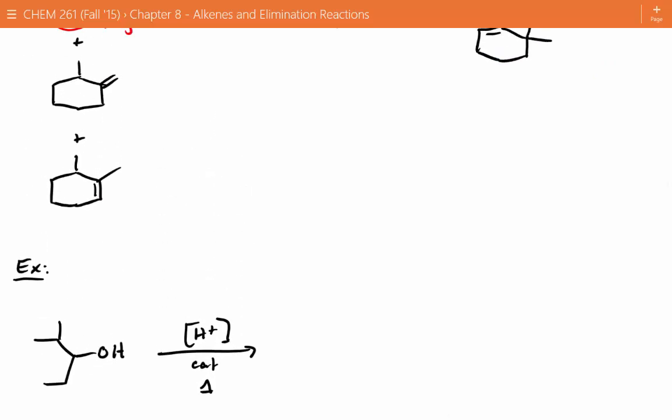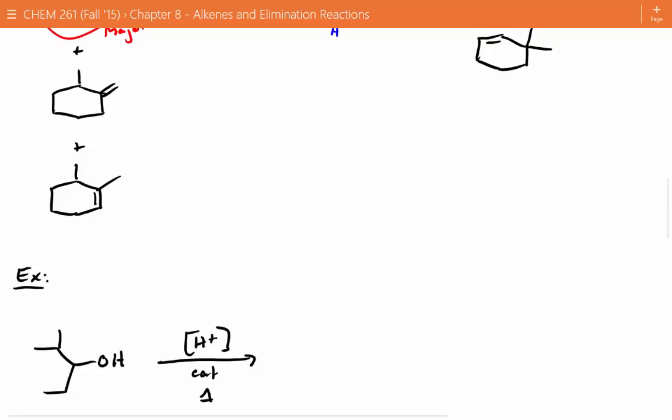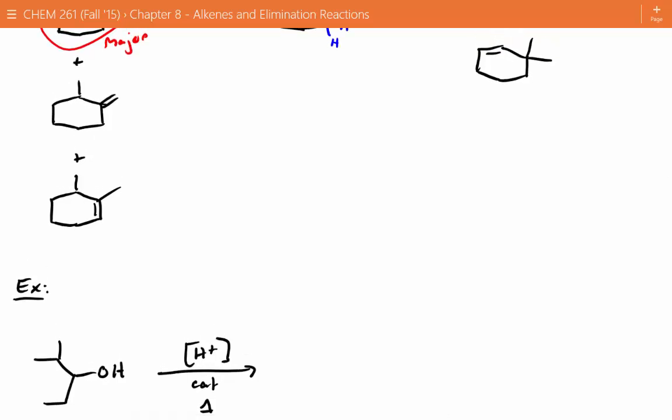Do you want me to scroll up further than this? More? All right, I'll wait for everybody to copy down the example problem, and then I'll scroll back up again. Does everybody have the example problem written down? Yes.